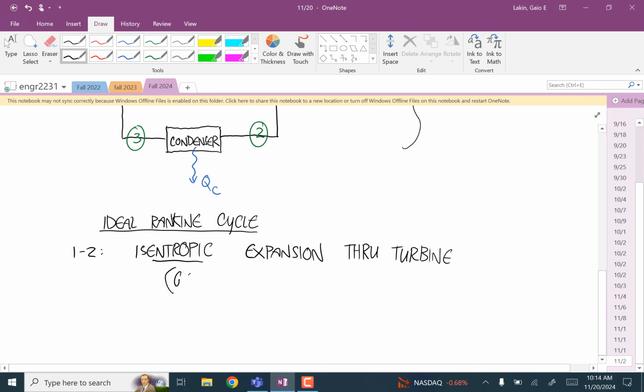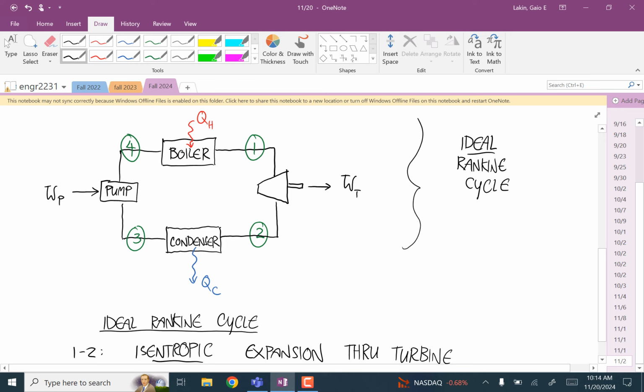And the result of this is where you get power out of the power cycle. So you generate power, WT, T for turbine.